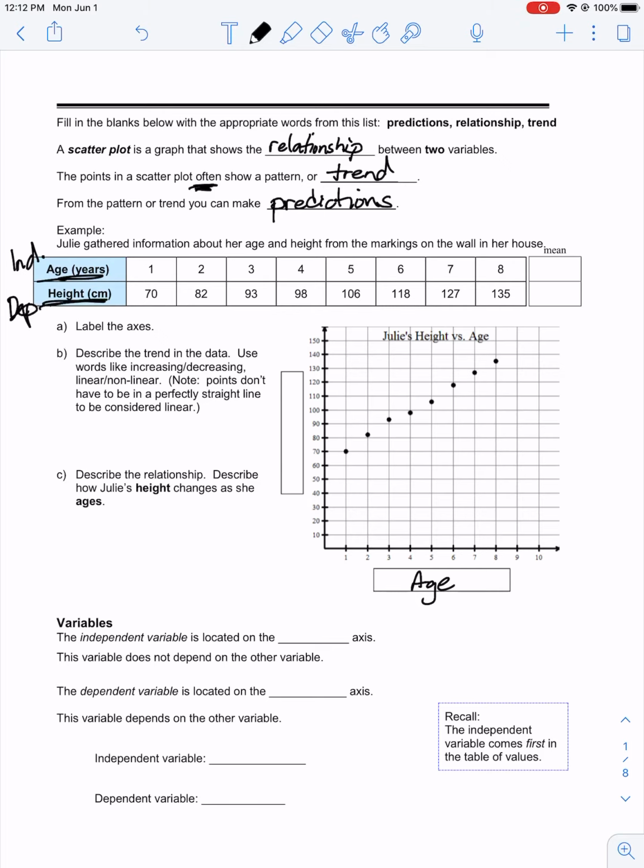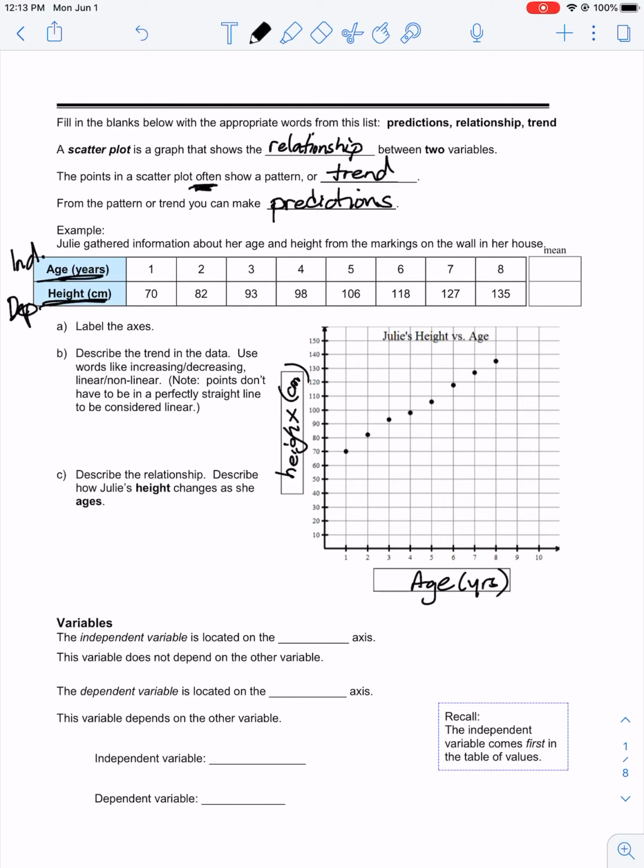It's not that how old she is depends on her height. I don't really want to use the word causation, because you did find out that sometimes you look at the relationship between variables, but it's not that one is causing the other. And then on the vertical axis, we have height. Height is in centimeters and age is in years.